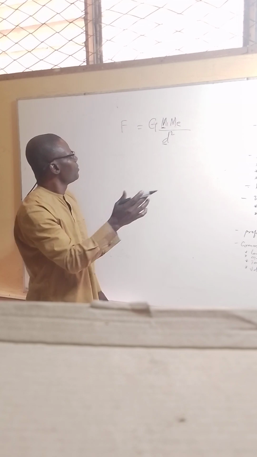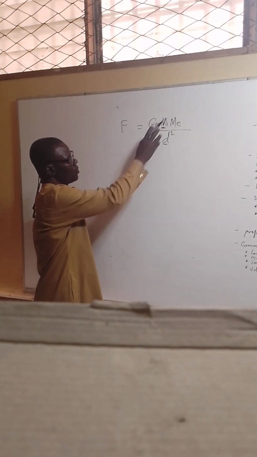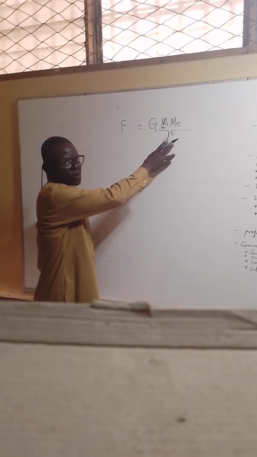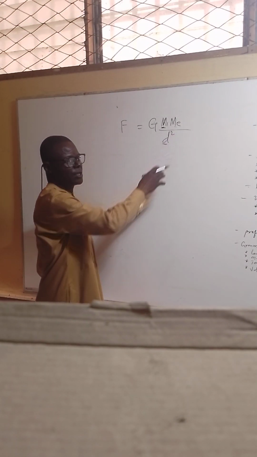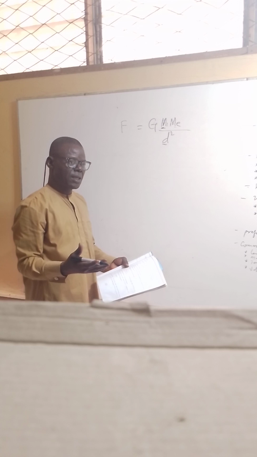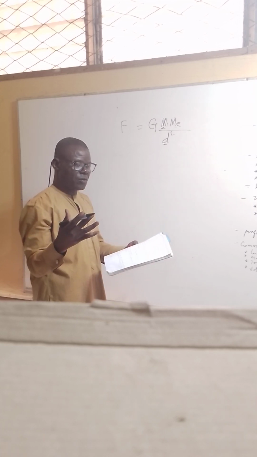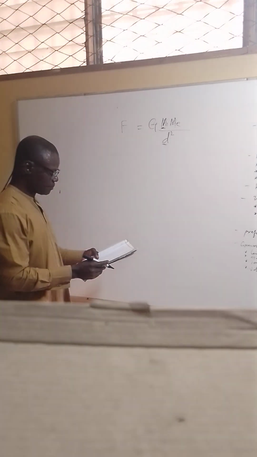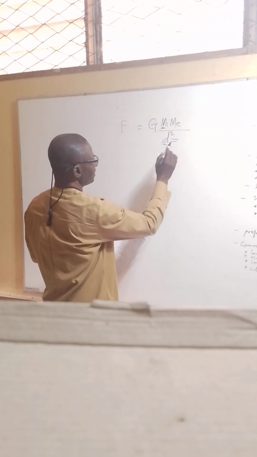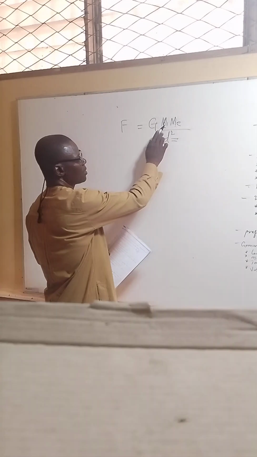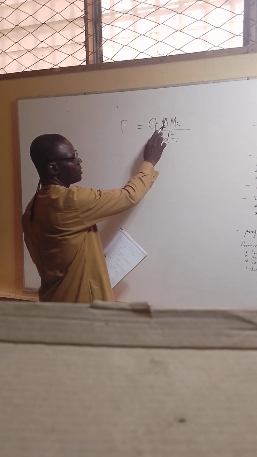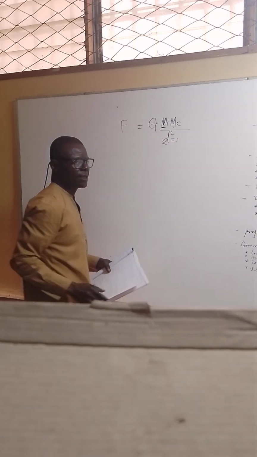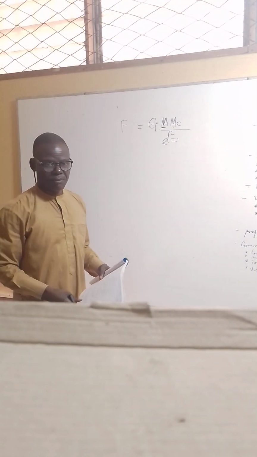So the weight of a body is given as a force. When you use Newton's law of gravitation to find the weight of a body, it is simply the gravitational attraction of the body to the Earth's surface.